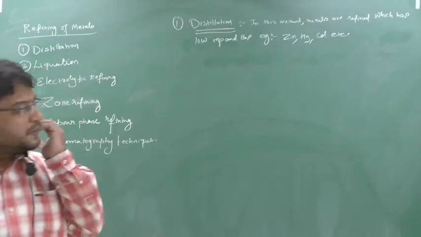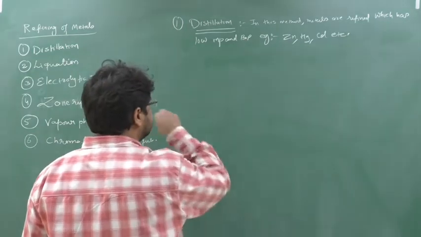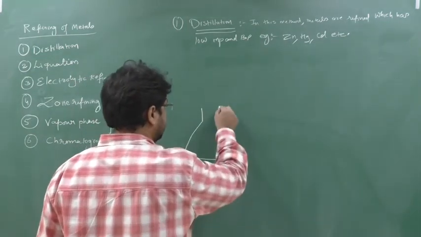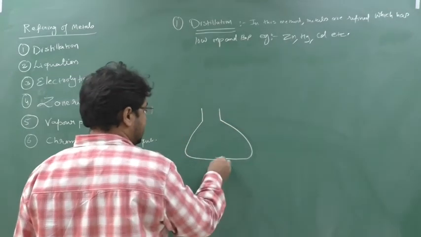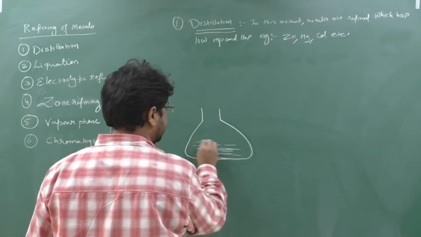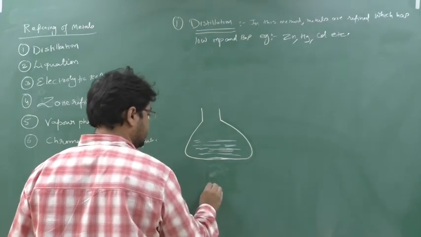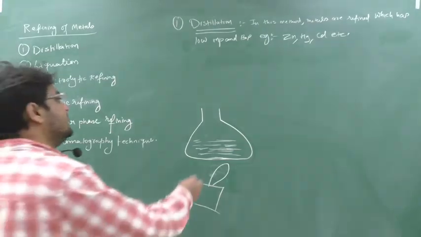So what we are going to do, see, we are going to take one container like this. And here we are going to put these metals, say zinc metal, and we are going to heat this. Okay.